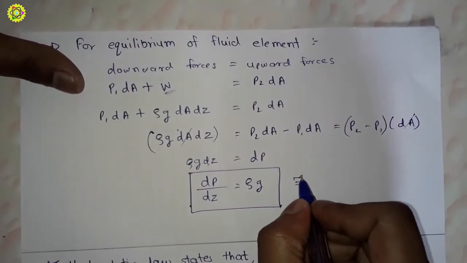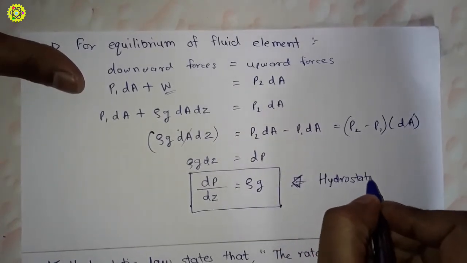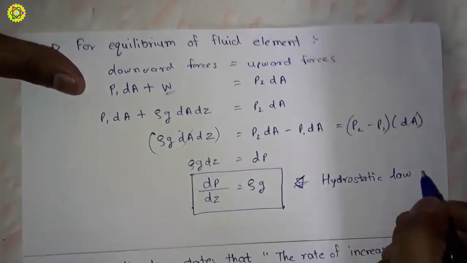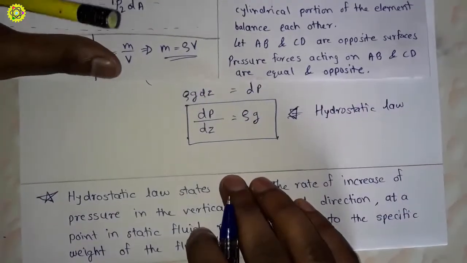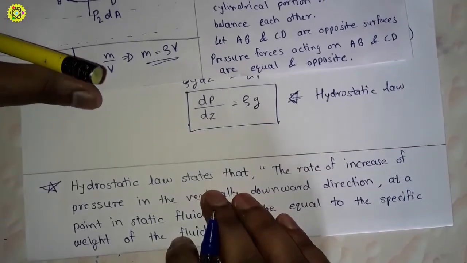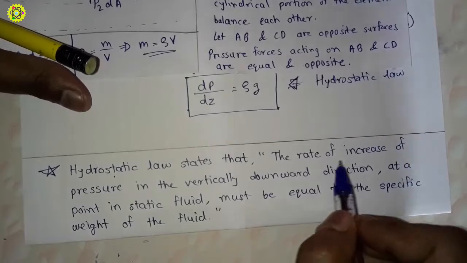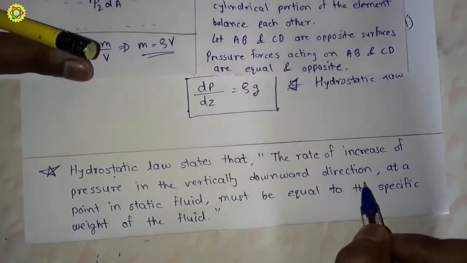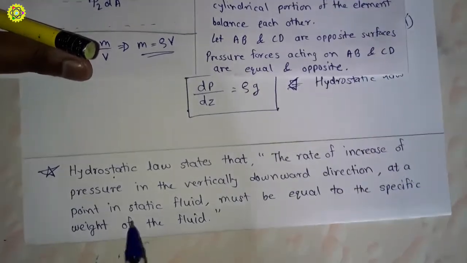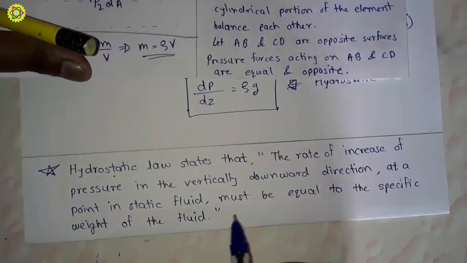Okay, we will see the definition now. So this is the hydrostatic law. Let's see the definition first to understand. Hydrostatic law states that the rate of increase of pressure in vertically downward direction at a point in static fluid must be equal to specific weight of the fluid.